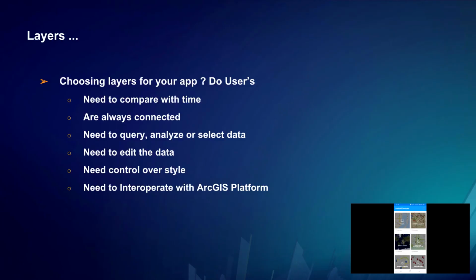Do they require any kind of querying and analyzing abilities on the data, or selecting? Do they require the ability to edit, or do they really need control over the style of the layer? And of course, the interoperability with the ArcGIS platform, do they really need that? So these are some of the questions you need to think about when you're trying to see what kind of layers you want in your app.